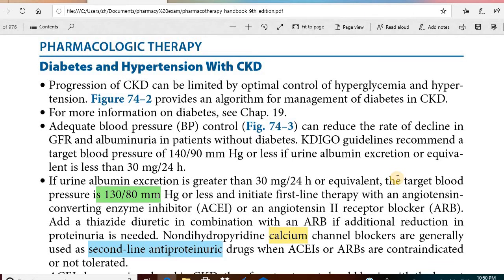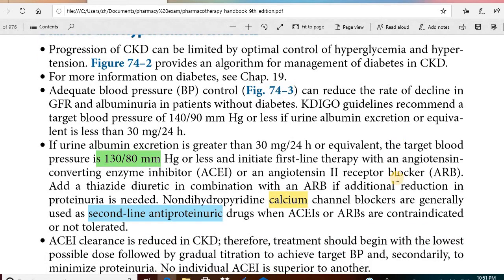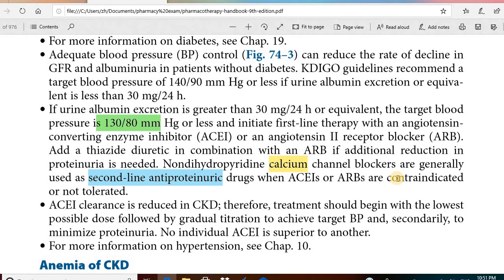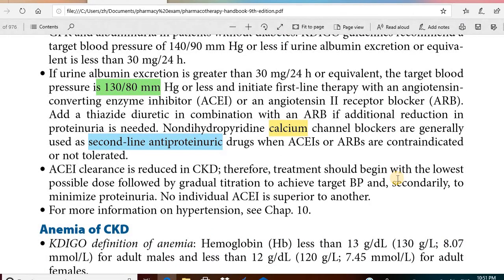So you have to control your diabetes, the hyperglycemic condition in the kidney. We will check it in Figure 2, and we have to control our blood pressure. So there are two guidelines. If the albumin level is less than 30, then blood pressure should be 140/90.